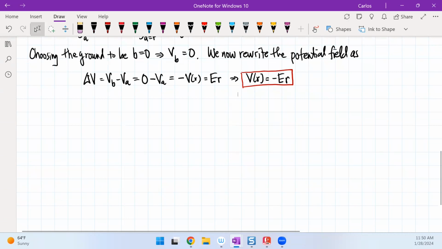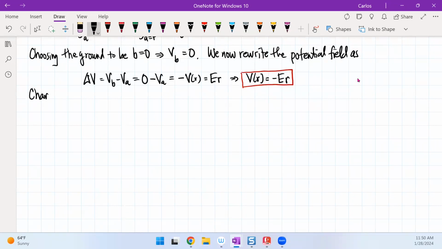So why is this an important calculation? Charges that move in a potential field have a different physical picture.